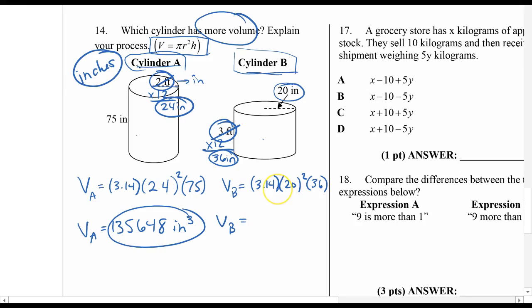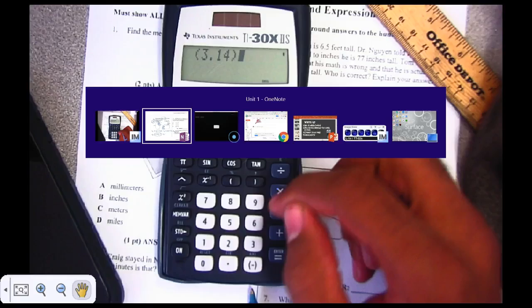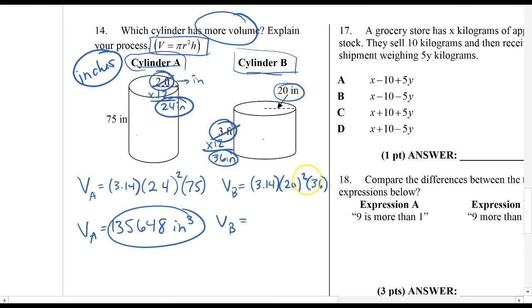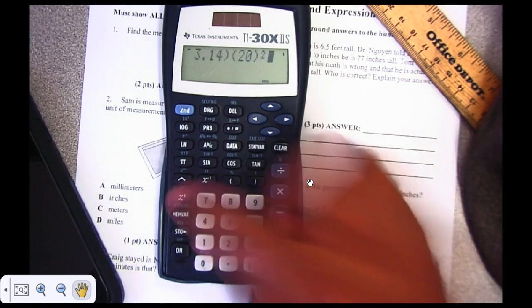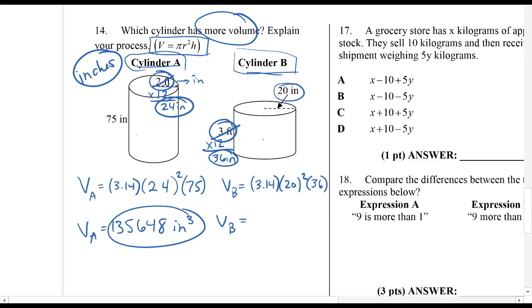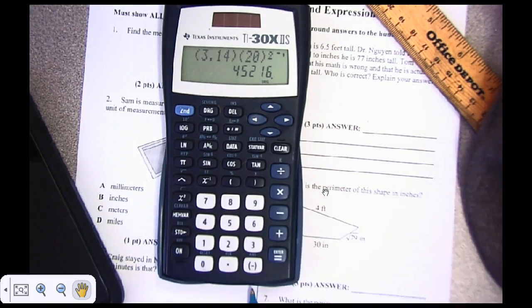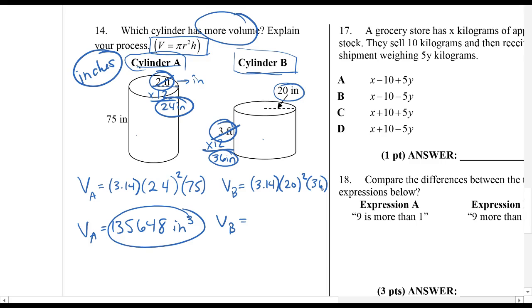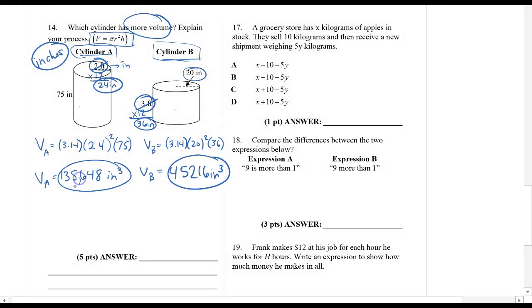Now let's punch in this last one: parentheses 3.14, again 20 squared, parentheses 20, and this time I'll use the little x squared since it's just a squared, and then times 36, the height. I get 45,216 inches cubed.